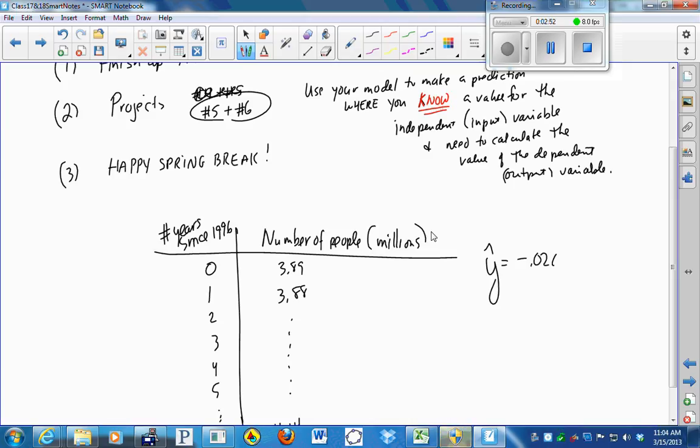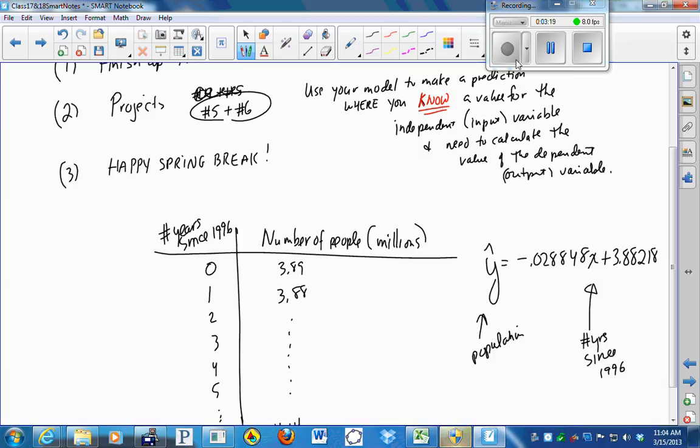So here's the person's model. X is the number of years since 1996, and Y is the population in millions.